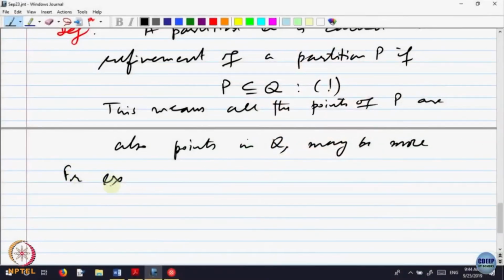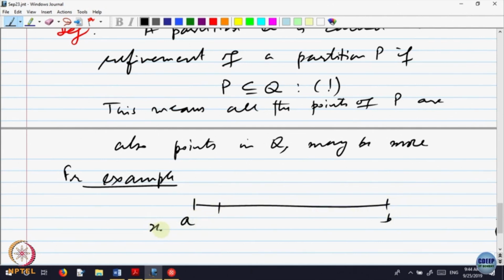So for example, one obvious way: this is A, this is B, and this is x0, x1, xi minus 1, xi, and so on, and that is xn. So that is a partition P, say.